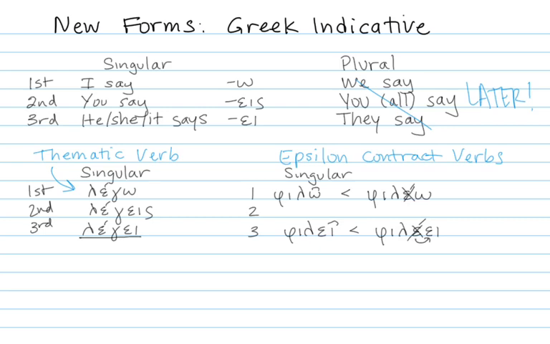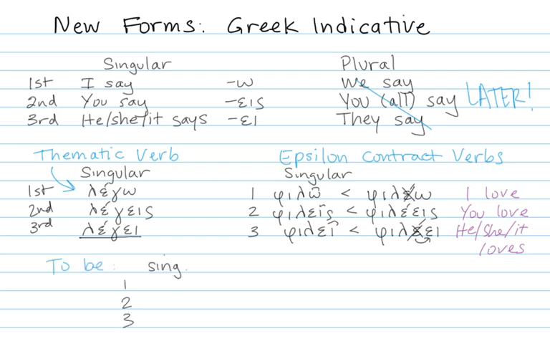So the first singular of an epsilon contract verb is philô. The second singular uncontracted form would be phileeis, and the form that you'll see in your readings is phileîs. So to review, philô is I love, phileîs, you singular love, and phileî, he, she, it loves.